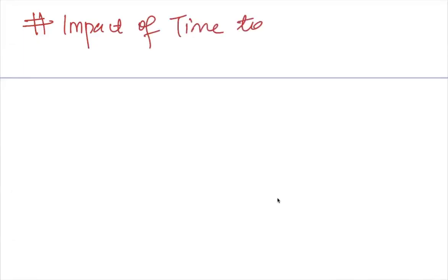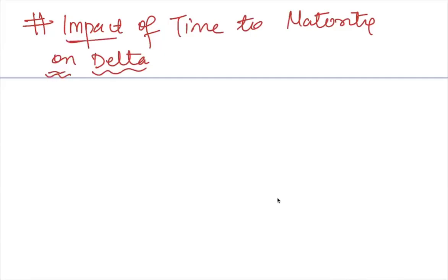Okay, so let's see what the impact of time to maturity on delta is. And this is very important, guys. Impact of time to maturity on delta. There can be only two situations.